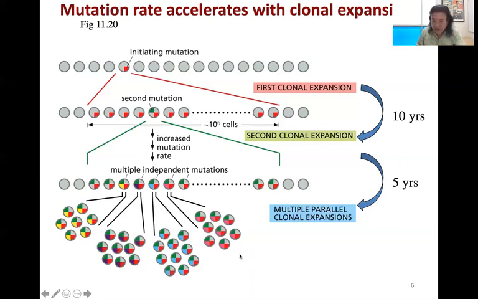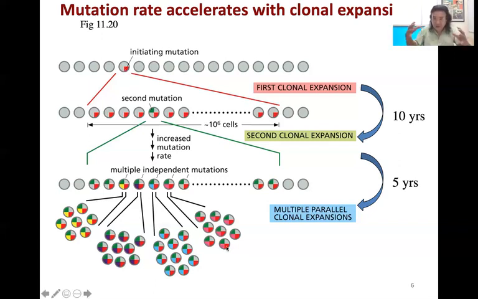And importantly, the resulting tumor mass is made up of these different subpopulations of cells with different potential phenotypes because they all have different mutations that have messed up different pathways in them. Although all of them originally started 15, 20 years ago from this one cell that got that first initiating mutation.